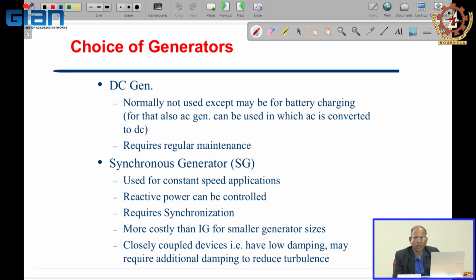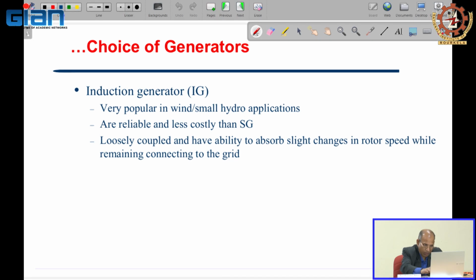Synchronous generators are more costly than induction generators, and they are closely coupled devices, that is, they have low damping and may require additional damping to reduce the turbulence. Okay, these are some of the key aspects of the synchronous generator.